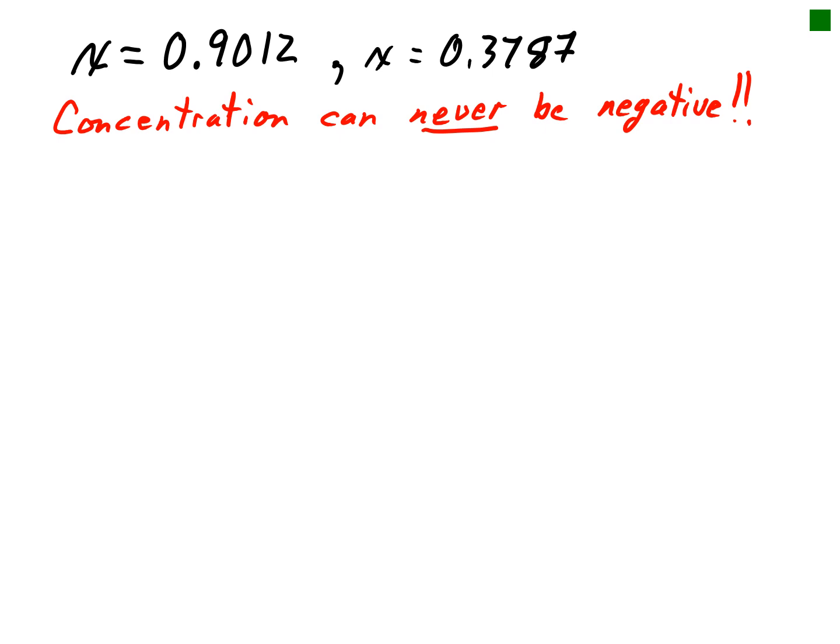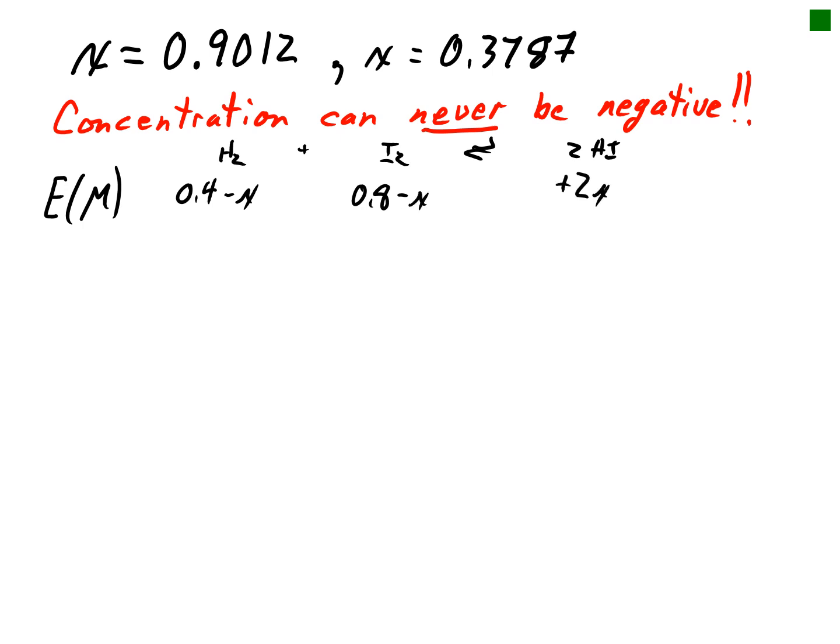Since I'm having trouble going back in my slideshow, I'm simply going to recopy equilibrium in moles per liter here, in order: the H2 and then I2 and then the 2HI had expressions of 0.4 minus x and 0.8 minus x and positive 2x.